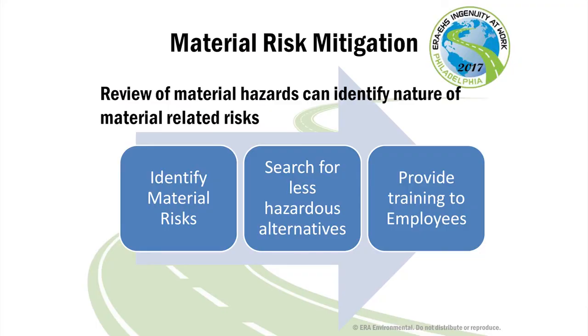Substitution of currently used materials with less hazardous material is one of the most effective ways of eliminating or reducing exposure to materials that are toxic or pose other risks. Extreme care must be taken when making these selections, especially to ensure that you're not exchanging one hazard for another.